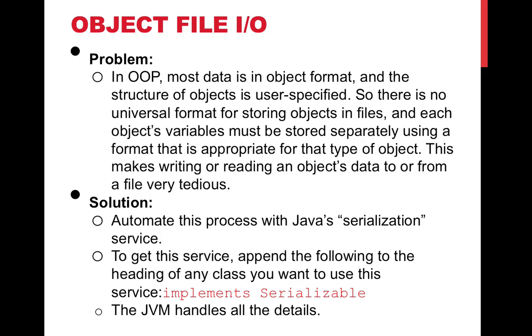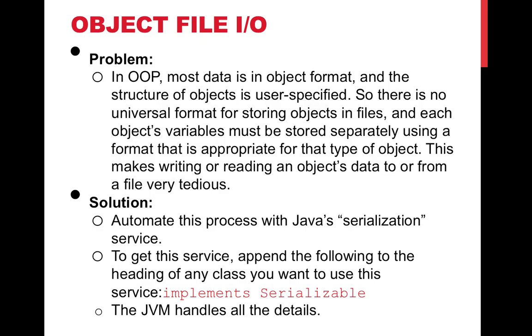But in disk file I/O, either text file or binary, it's not based on an object, but it's based on each individual data type. So storing a huge set of objects, not individual data types, is a little bit challenging, but Java's solution is object file I/O through serialization service.